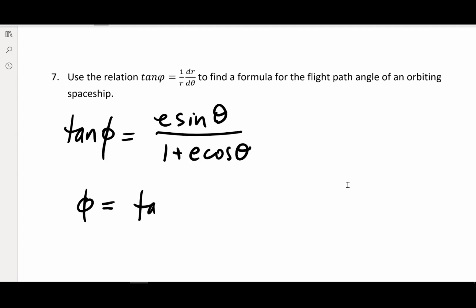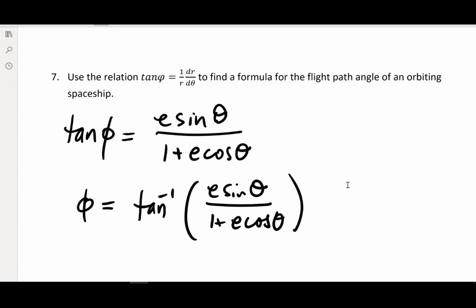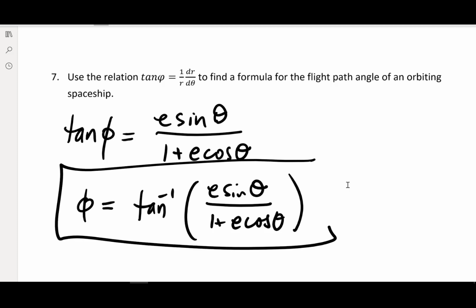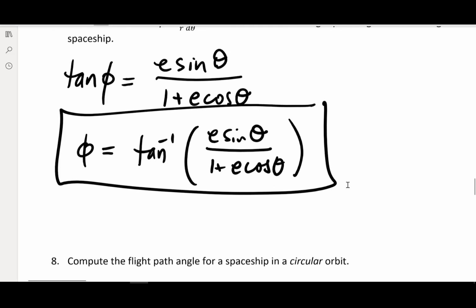It would be the tangent inverse of e sine theta over 1 plus e cos theta. So now we could use this to find the flight path angle in any elliptical orbit with some eccentricity e. And we would need to know what the angle of true anomaly is to calculate that.